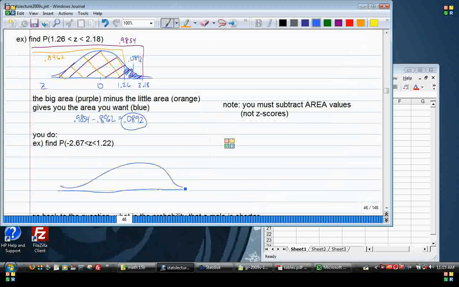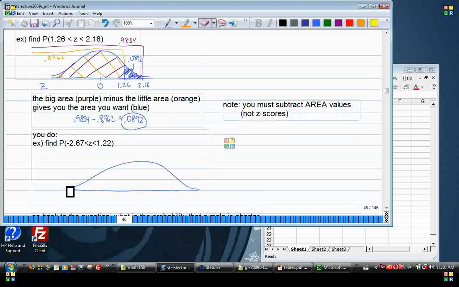Okay. That's not terribly symmetric. Now that we've drawn the picture, how do we label it? 0, and that's the value for what? Z. So remember to label these for Z.